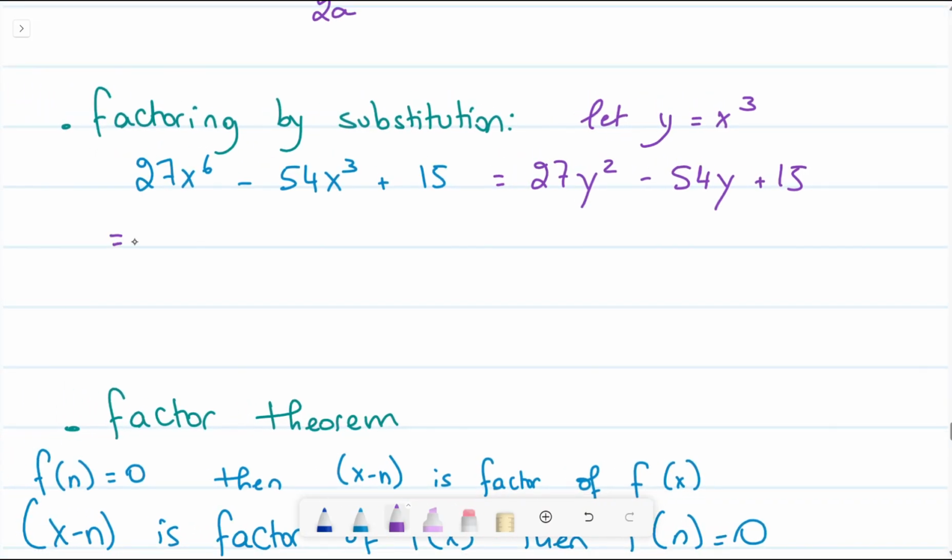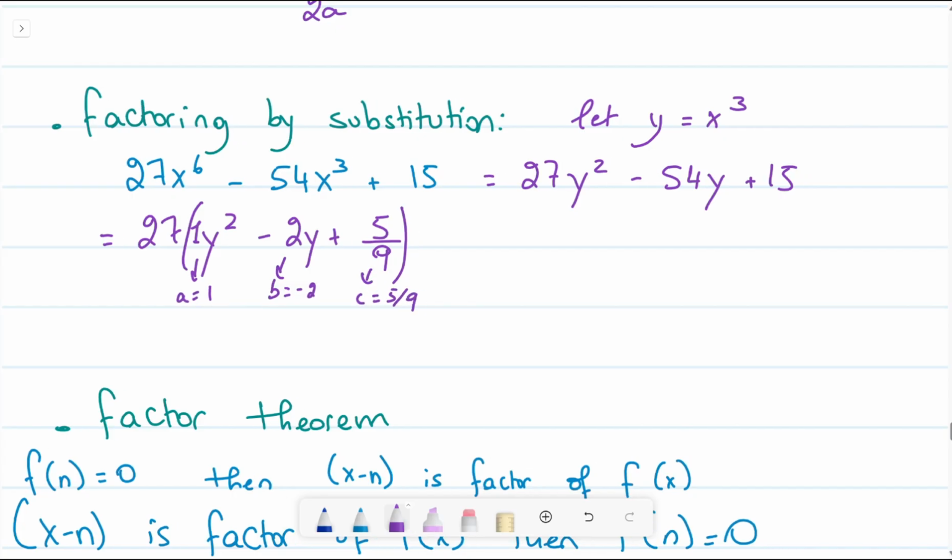So I will first factor out the 27. I get y squared minus 2y plus 5 over 9. So y, this is 1y squared, so a is 1, b is negative 2, c is 5 over 9.